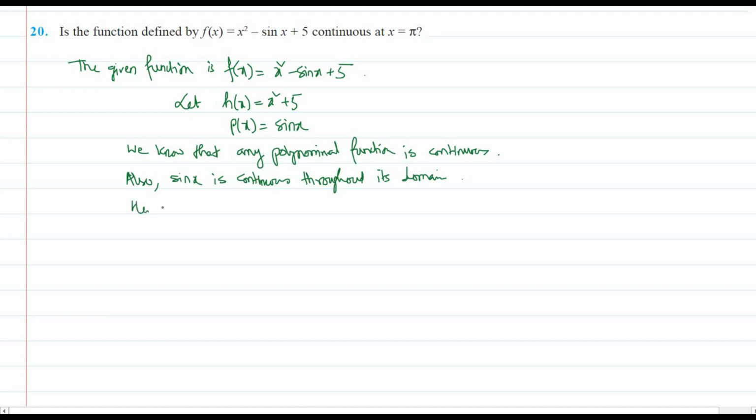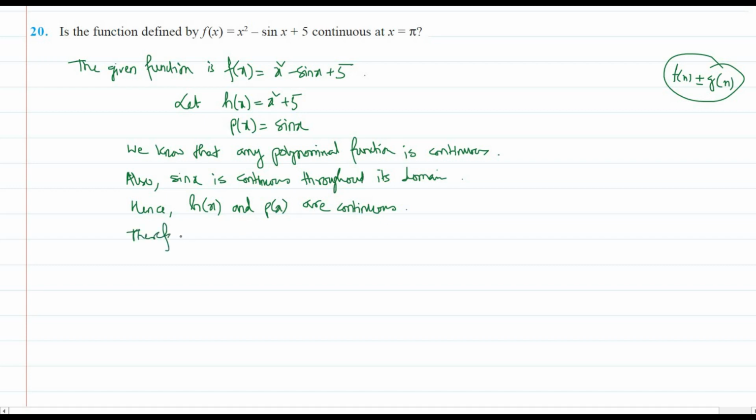So hence h of x and p of x are continuous. Now we have learnt a property in this chapter which says that if f of x and g of x are both continuous, then f of x plus g of x or f of x minus g of x must be continuous. So we'll be using this property here. Hence h of x and p of x are continuous.